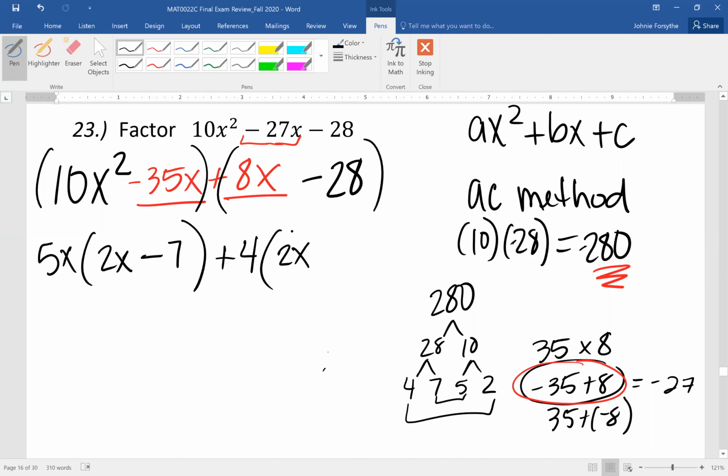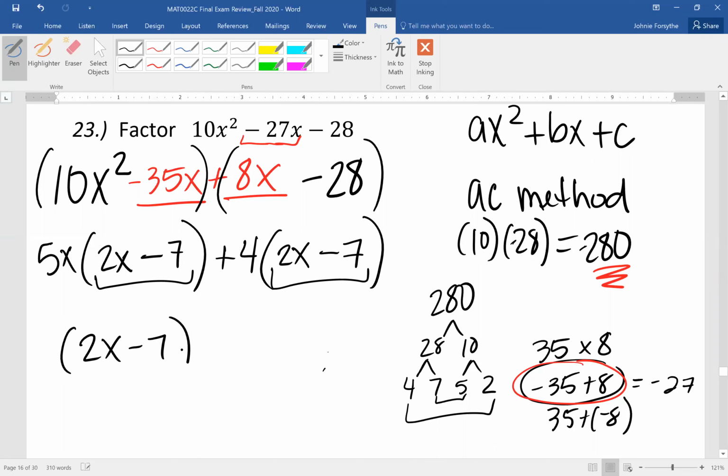And then 4 times negative 7 equals negative 28. So now I've got my twins here, 2x minus 7, 2x minus 7. So I'm factoring that out, 2x minus 7. And then what's remaining, 5x plus 4.